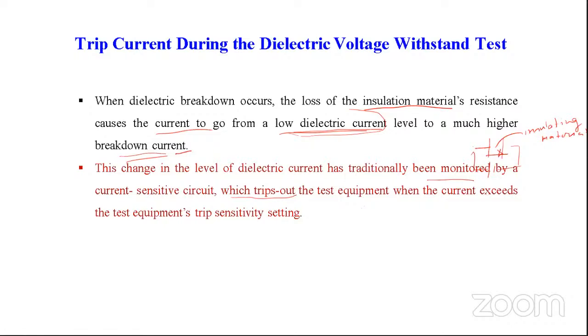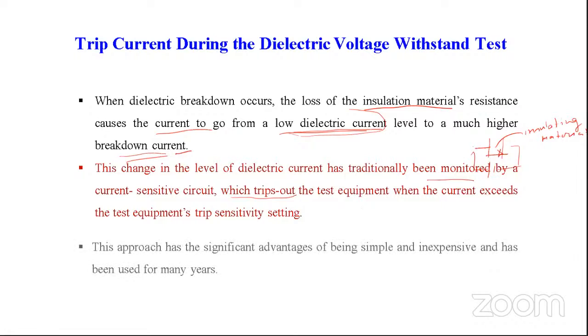If a particular dielectric material breaks, or operates normally but at elevated voltage some more current flows through the insulating material, and that current is more than the current setting in the trip circuit, then the trip operation is done. So this is basically called the trip circuit or trip current during the dielectric voltage withstand test.